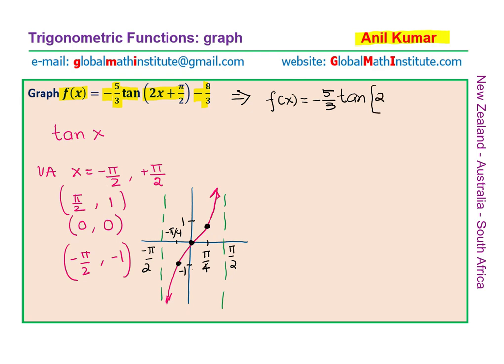So you get the right translation. When you factor out 2, you get x plus pi by 4, minus 8 by 3. Now you see that the vertical values are stretched by a factor of 5 by 3, reflected because of this minus, translated 8 by 3 down.